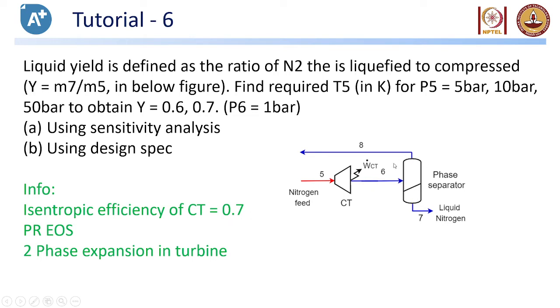The idea of the phase separator is to separate the gaseous and liquid phases. The liquid nitrogen is collected from below and the vapor is taken from the top. We have a definition of liquid yield, which is the ratio of M7 by M5. Now I want you to find what the inlet temperature of nitrogen should be so that we have a yield of 0.6. That is the question. This can be done using either sensitivity analysis or design spec. I want you to do it with both of them.